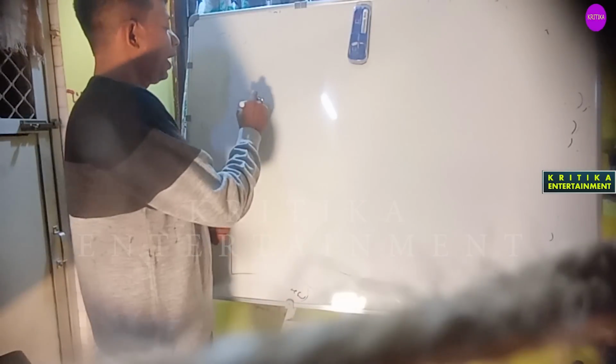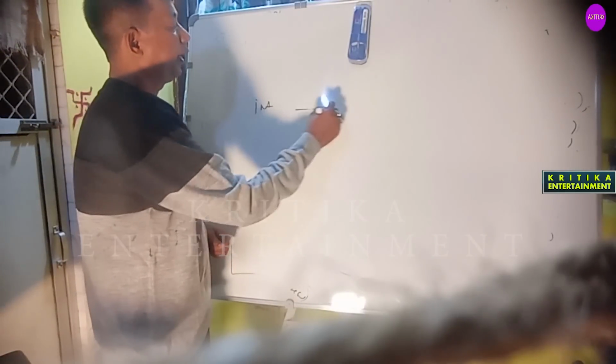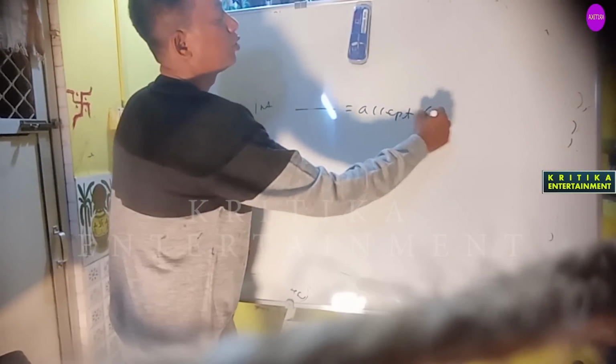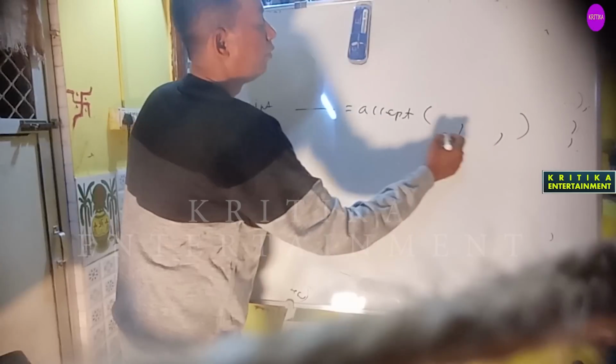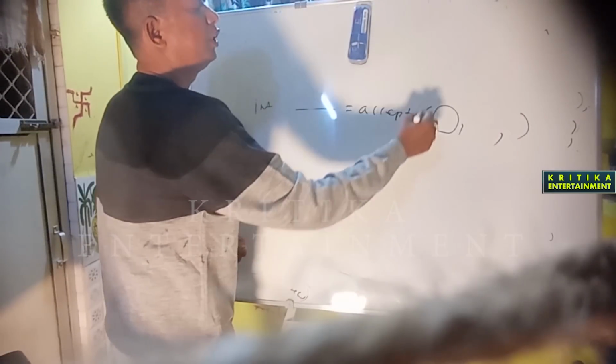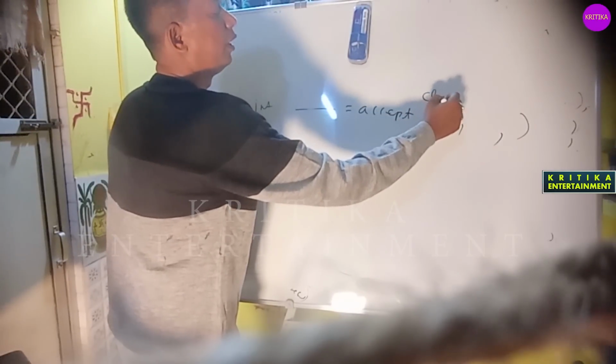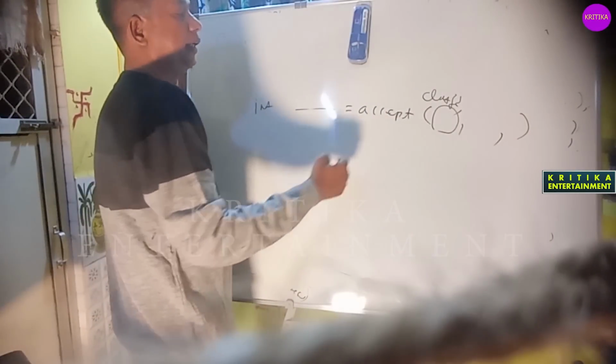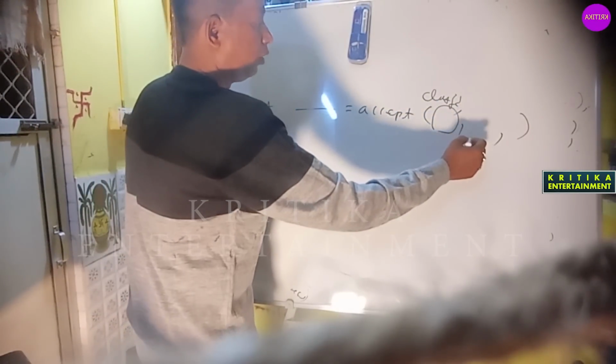First, here write int, and here will write accept. It also takes the 3 arguments. First argument, always remember, is called server FD.